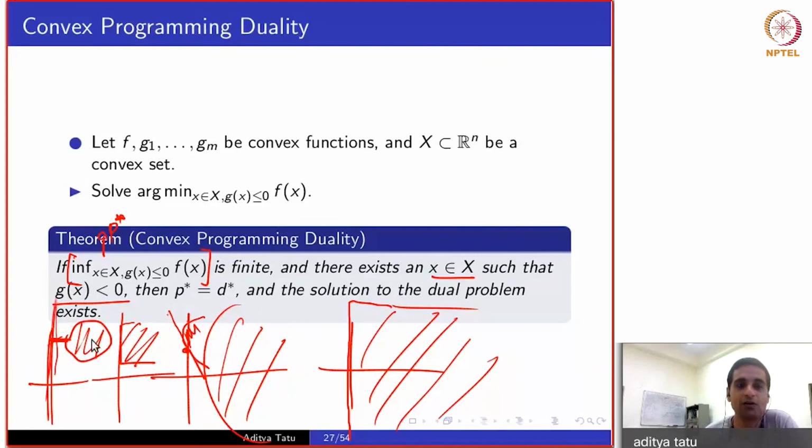So mu will not exist. So what this says is, if P star is finite and there exists an X such that Gx is strictly less than 0, then strong duality holds. And also there is a mu which maximizes Q mu.